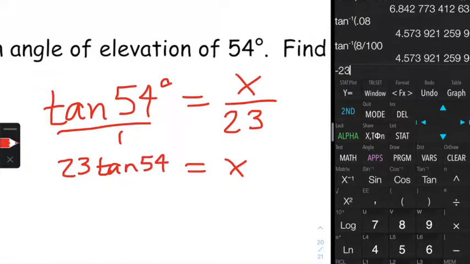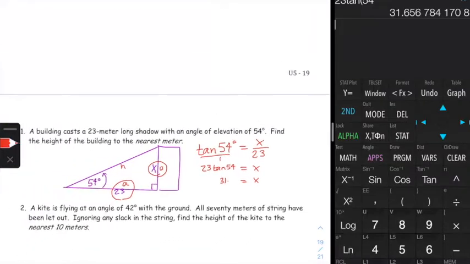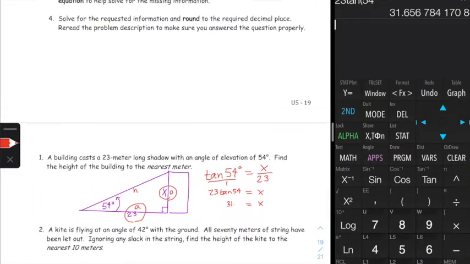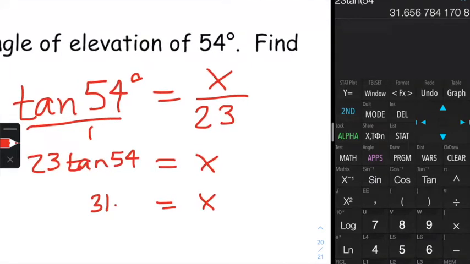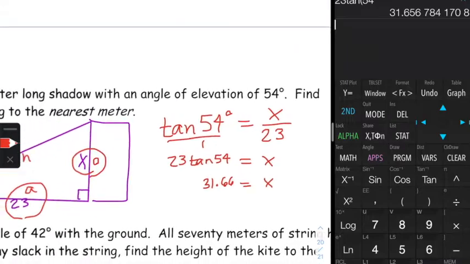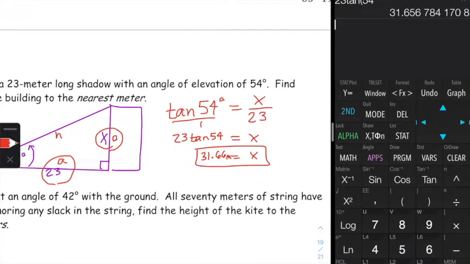So let's type that in: 23 tangent 54. x is roughly 31.65. They did not say what to round to, so I'll go 2 decimal places here, 31.66. And let's get the unit, which was in meters. So about 31 meters.